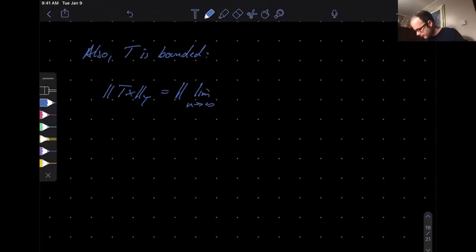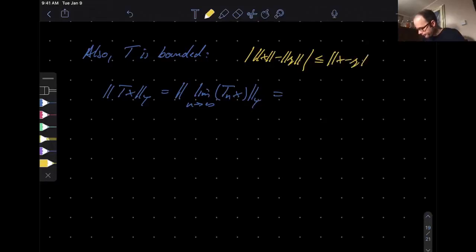So T of x, which we called y, is the limit of Tn of x, the limit here in Y. But now remember, I think in the second lecture, we used the lower triangle inequality for the norm. Okay, so that one says that the norm as a function from the vector space to the non-negative real numbers is Lipschitz continuous, right? So that allows me now to pull out that limit because of continuity, right?